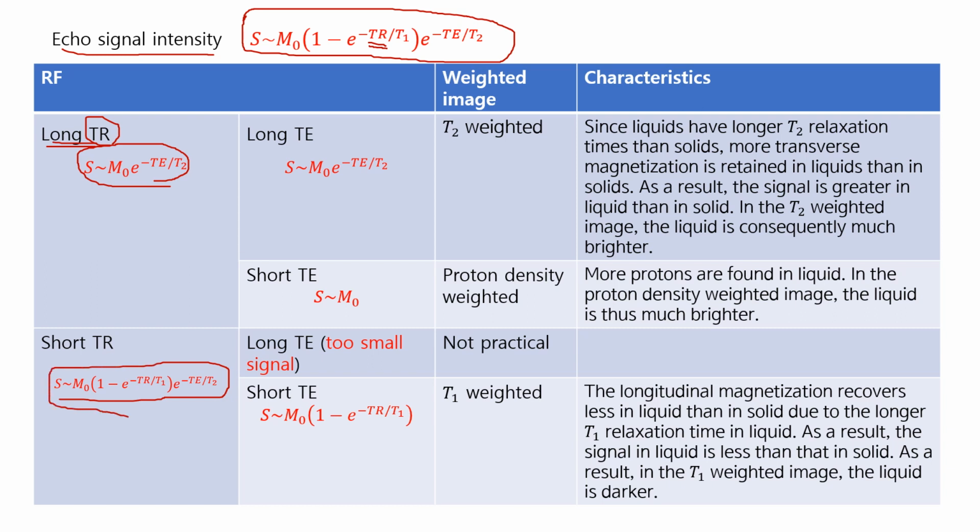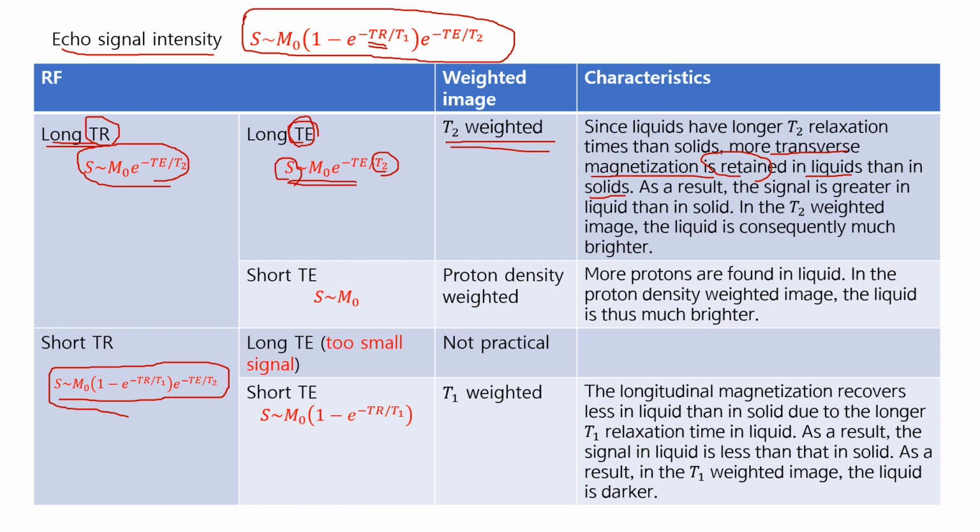And long TR, long TE, we have this form. So signal is dependent on T2. So we have a T2 weighted image. Since the liquids have longer T2 relaxation times than solids, more transverse magnetization remains in liquid than in solids.